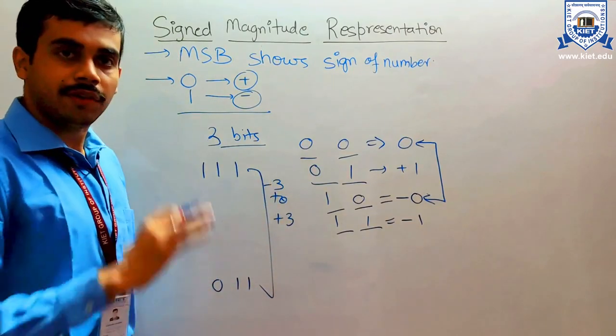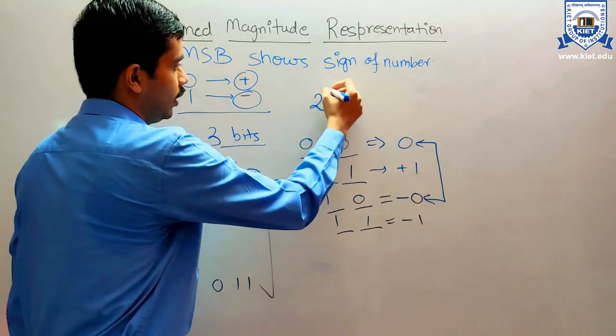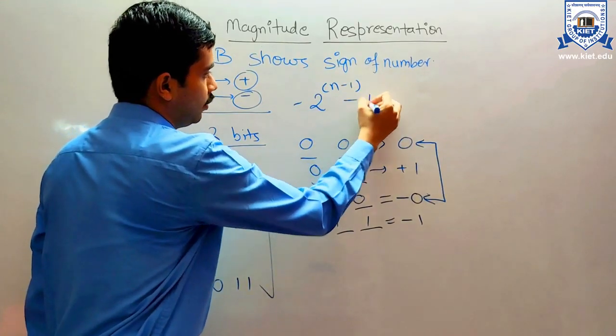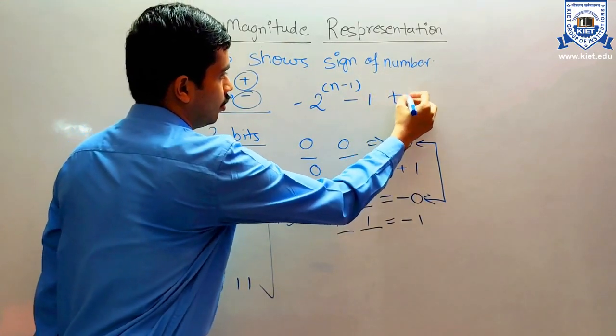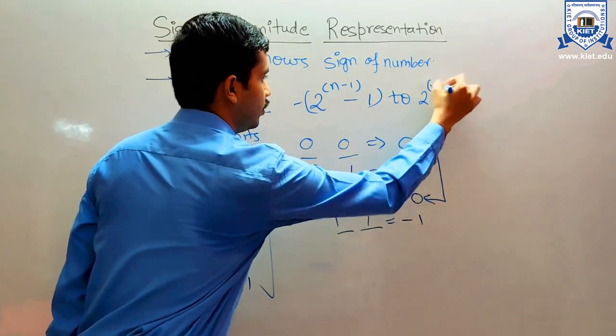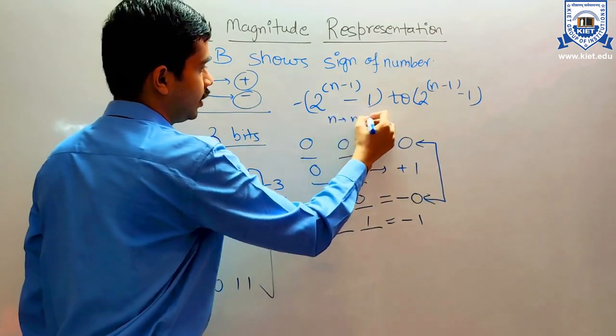So in this way, for an n bit number system, the range will be minus (2 to the power n minus 1, minus 1) to (2 to the power n minus 1, minus 1), where n is the number of bits.